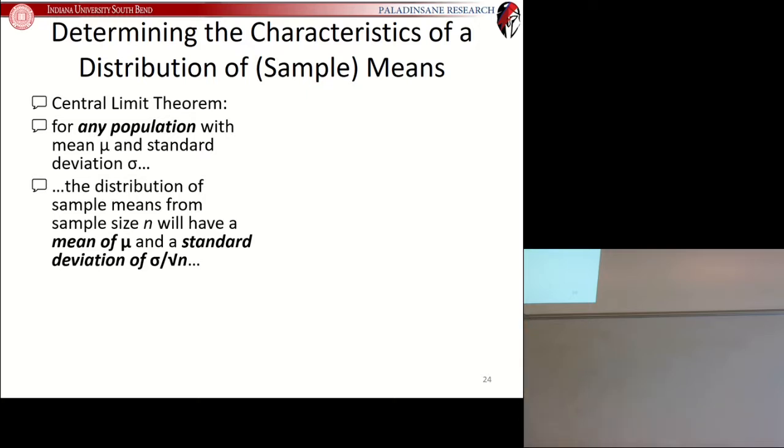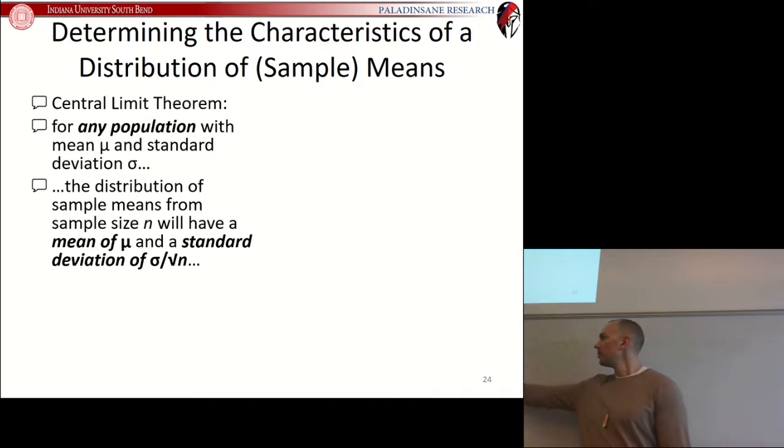All right, so if your population has a standard deviation of 40. All right, let's do that. So your population has a standard deviation of 40. You have a sample size of 25.